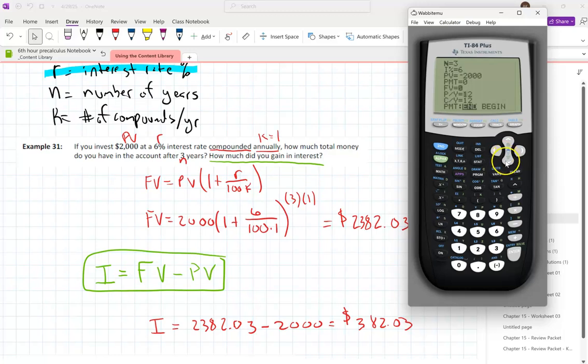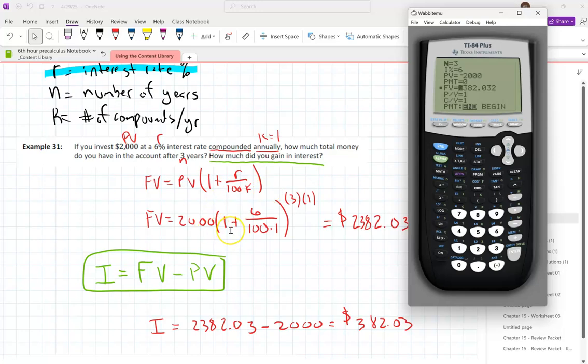This is compounding annually, so we'll make the P/Y and C/Y both 1. And what we want is the future value. So we'll press alpha and then enter when our cursor is on the future value. And there it spits out the $2,382.03 that we got.